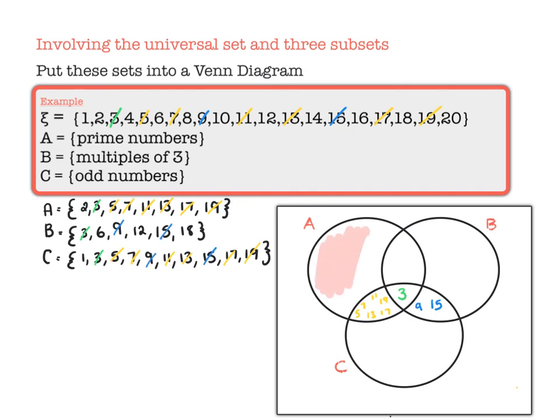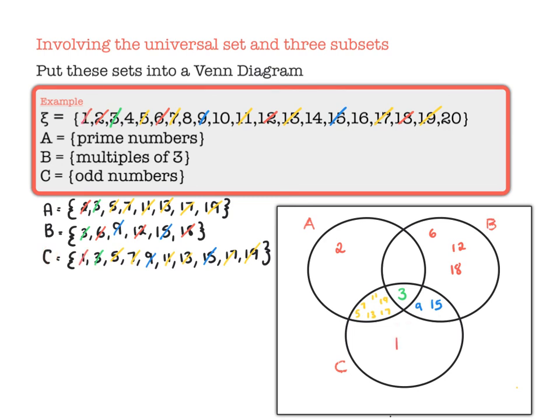Now we can look at what's left in set A, and we have only got one number, which is the number 2. We're now going to do the same for B, so we've got the numbers 6, 12 and 18. And then finally the same for C, and we've got the number 1.